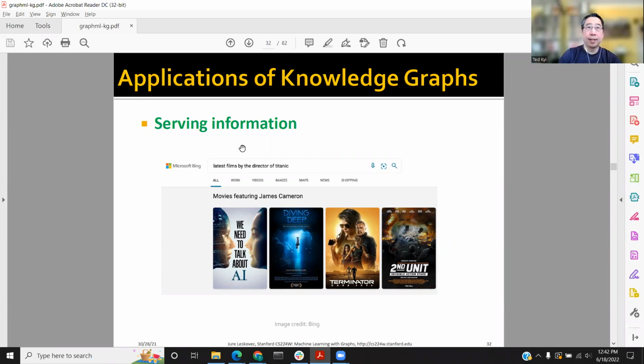If you have a knowledge graph, that's relatively easy to answer. But if you don't, then the number of possible places you need to look in order to find that information is pretty large. And so you can see why for a use case like this, having that graph would be very helpful.